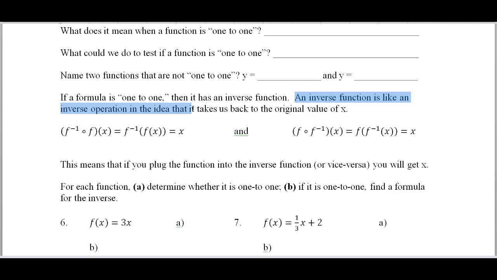An inverse function is like an inverse operation in the idea that it takes us back to the original value of x. So if I take the function and its inverse, it will take me all the way back to x, and vice versa. You're actually going to see that written out in class a little bit, but I don't really want to spend time on the video here, even though you might be tested on this on the review of your test here.